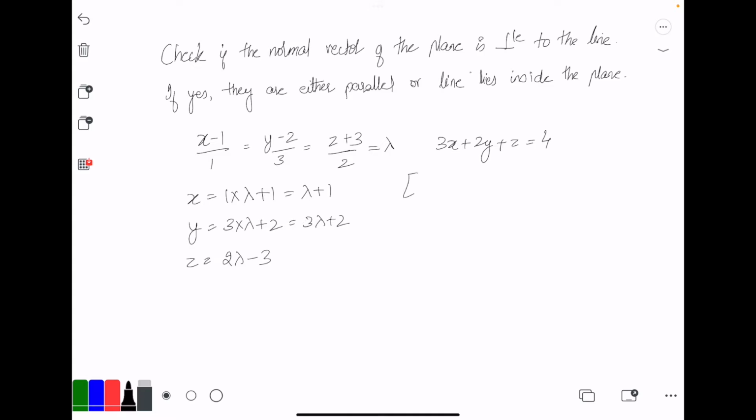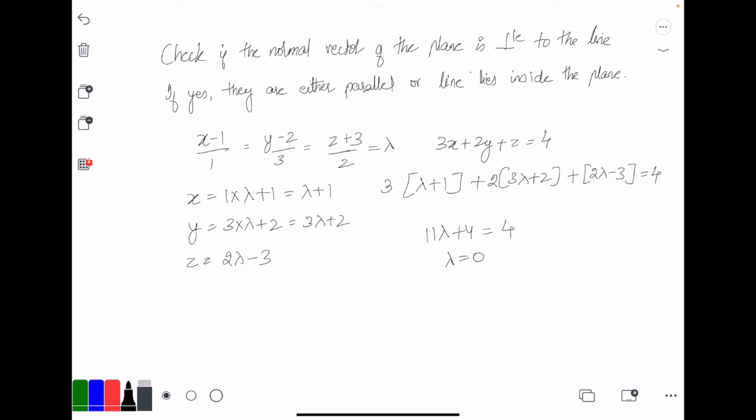We now substitute these values in this equation. So we have 3 into lambda plus 1 plus 2 into 3 lambda plus 2 plus 2 lambda minus 3 is equal to 4. Solving this, we get 6 plus 3, 9 plus 2, 11 lambda plus 4 equals 4, or lambda equals 0.